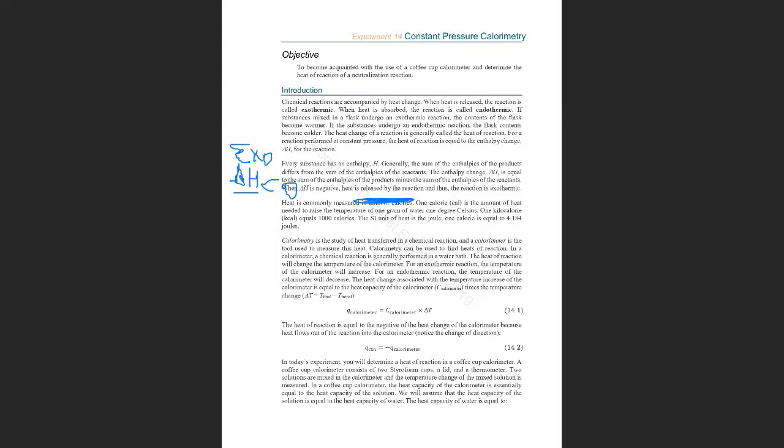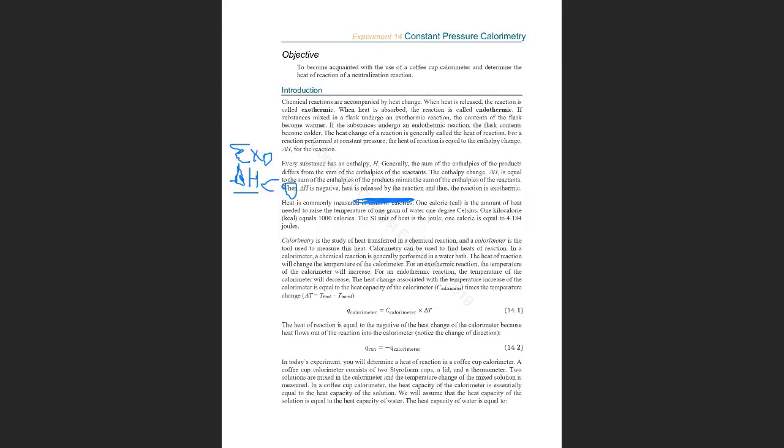So 1 calorie is the amount of heat that we need in order to raise the temperature of water by 1 degree. Basically 1,000 calories is 1 kilocalorie. That's another unit.